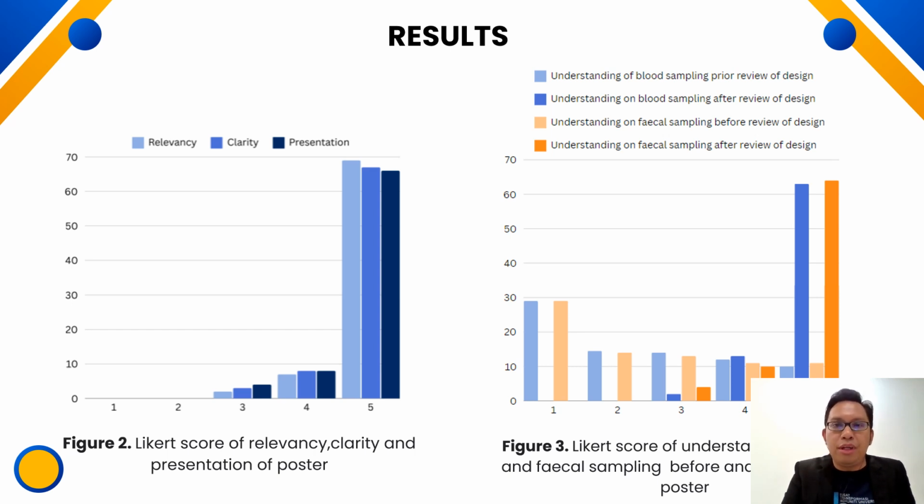After reviewing the poster, 63 respondents strongly agreed that they had a thorough understanding of blood sampling, and strong agreement on understanding of fecal sampling also increased from 11 respondents to 64 respondents after reviewing the poster.